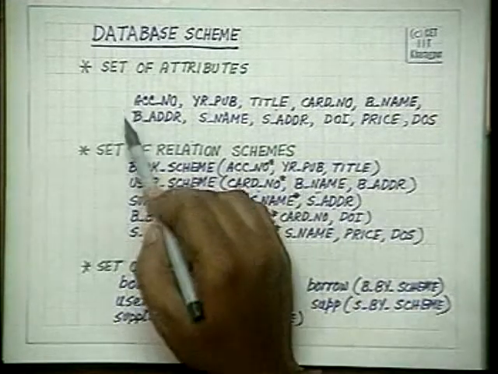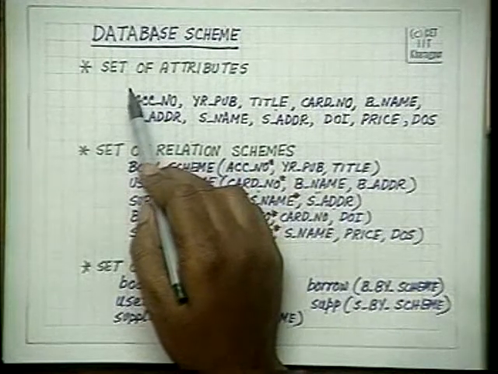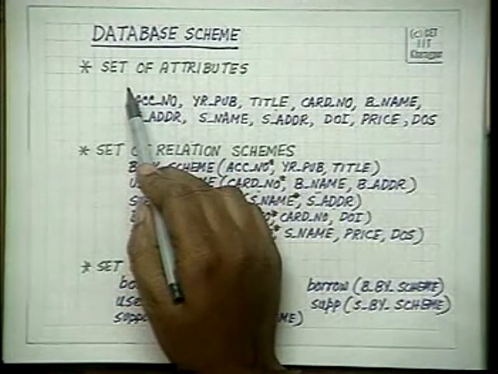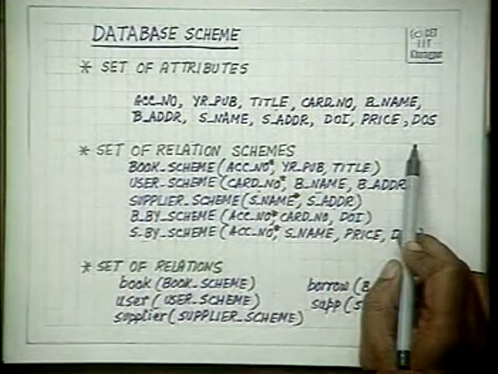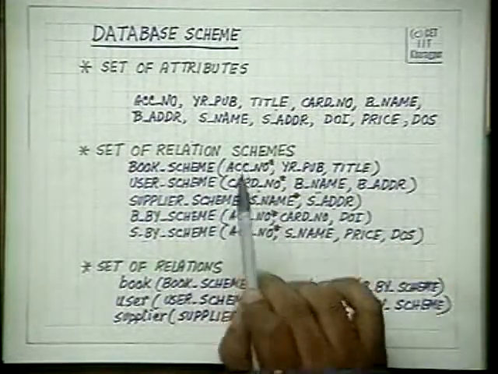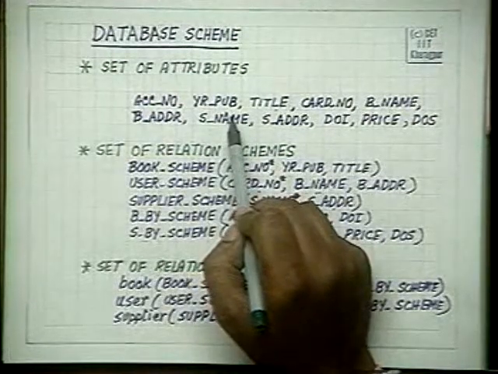The set of attributes is first uniquely and globally defined. That is what I was trying to stress in the beginning, that this set of attributes is first defined and it is a global definition. Therefore, if you have any common attributes, they are from this attribute pool only.